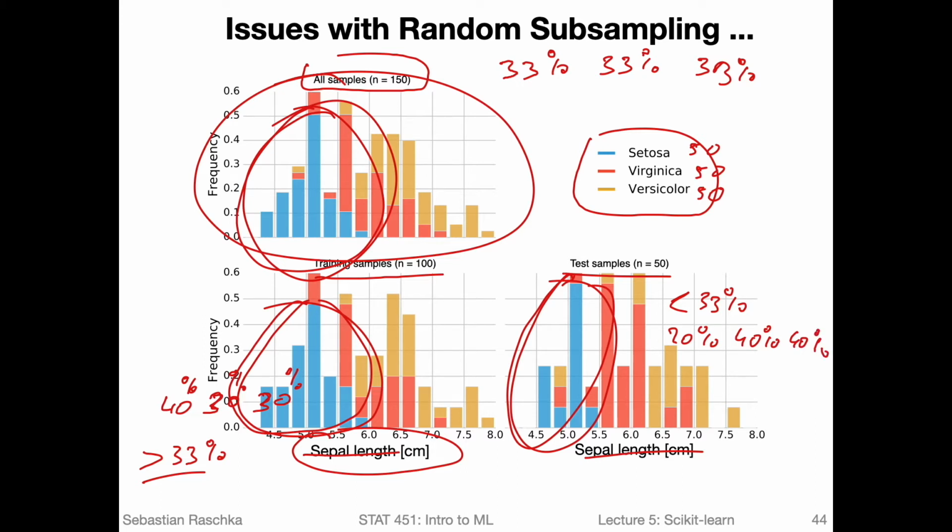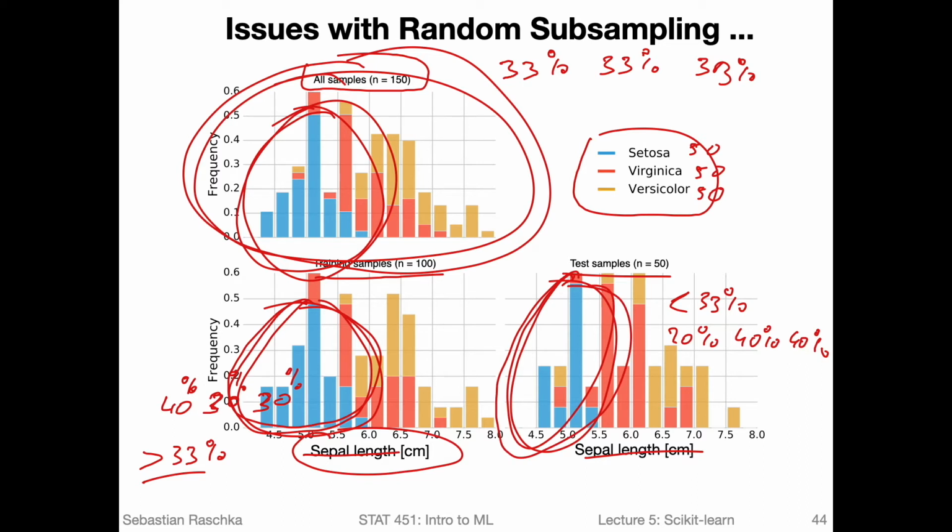However, if we randomly subsample, what can happen is that we skew the class label distributions. And if we think of our whole data set as the population, then we introduce some bias here because one class will be underrepresented or overrepresented in the training set, and the opposite way, it will be then underrepresented in the test set.